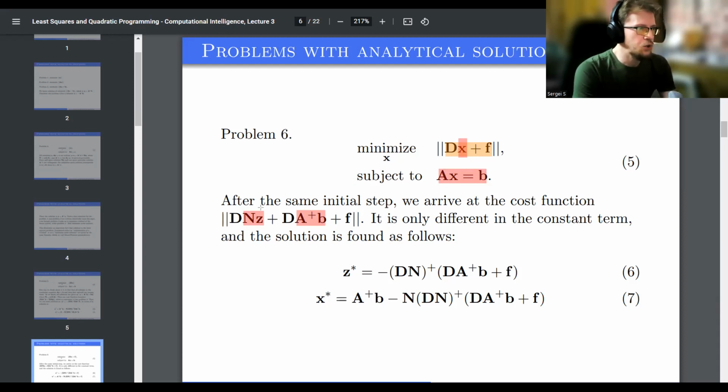We know how to solve this. The only difference is that we have a constant term here, f. So it would again be this vector part, multiplied by the pseudo-inverse of this matrix here. We would again have a minus sign, which has to do with the plus sign here.